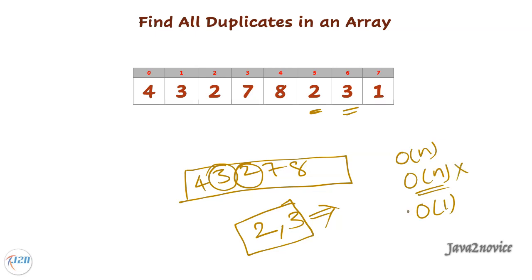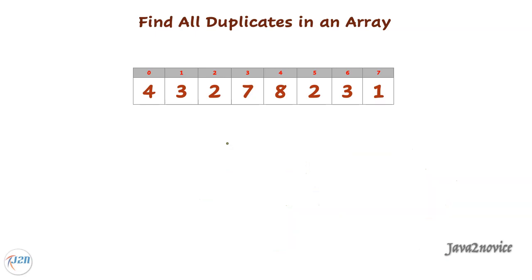In another approach, we can compare neighbor elements by sorting the array. Unfortunately, sorting itself takes time complexity of n log n. So this is not the expected solution. Let's discuss another solution. If you revisit the problem statement again, the array is filled with numbers between 1 to n only.